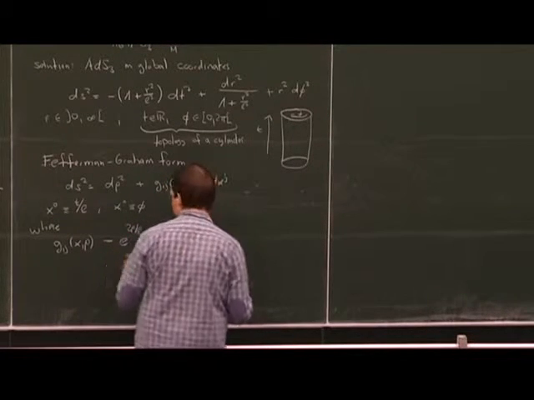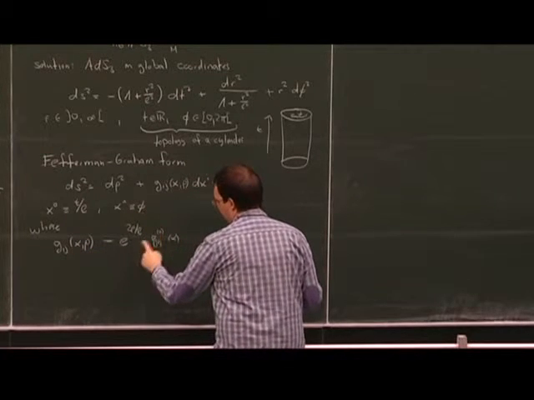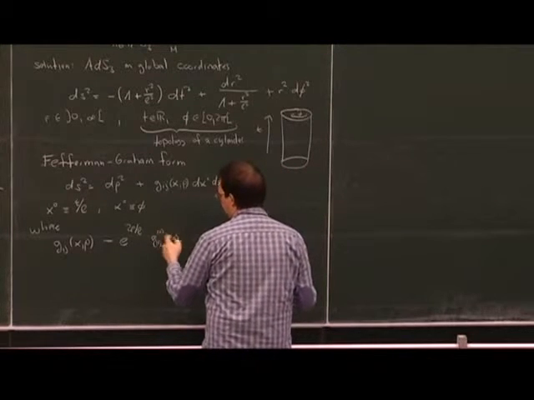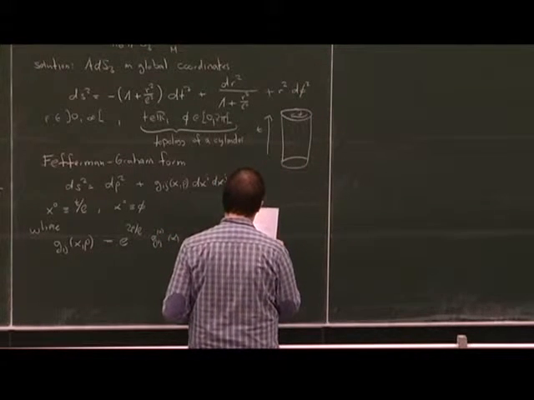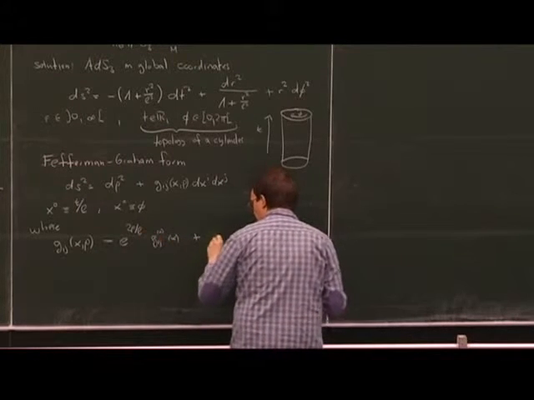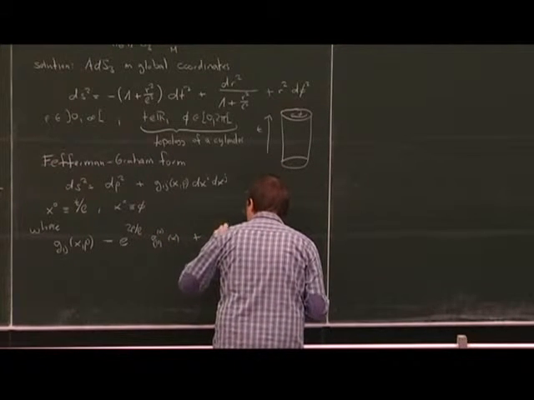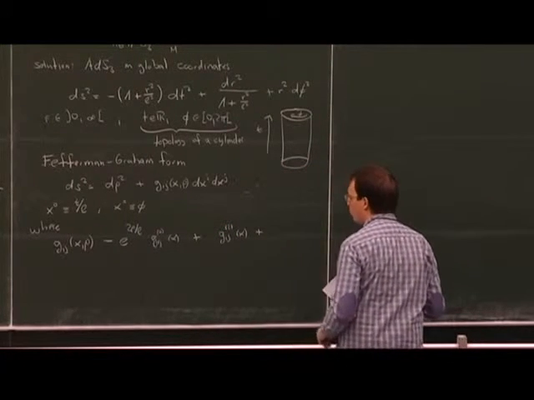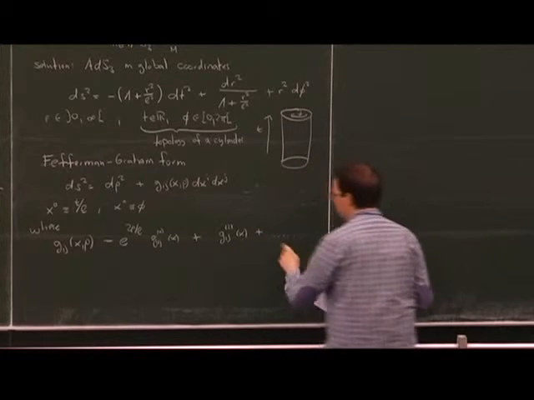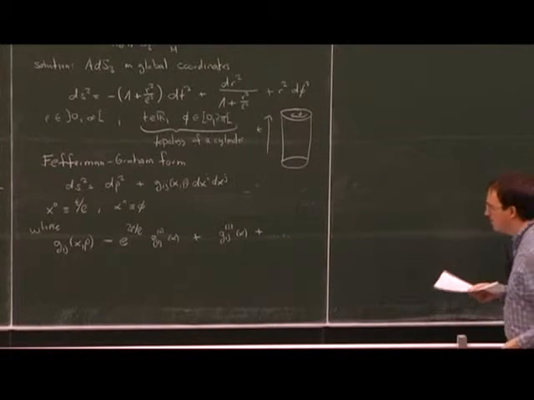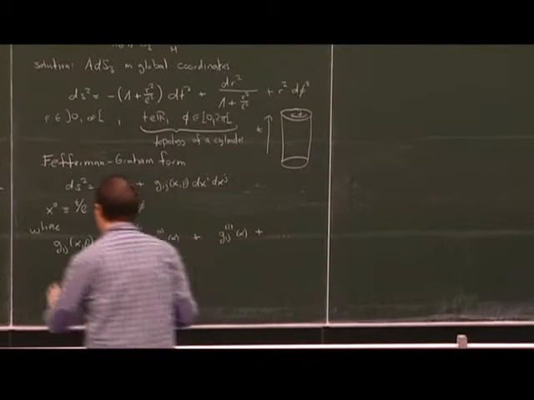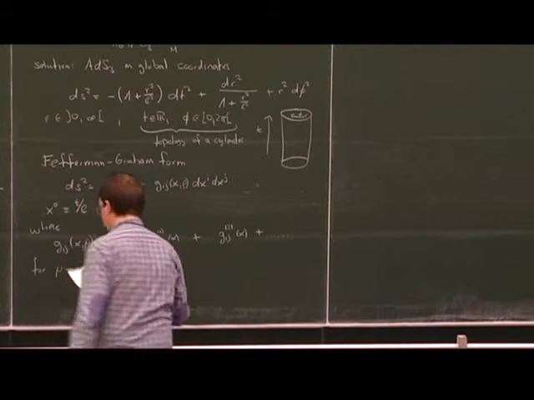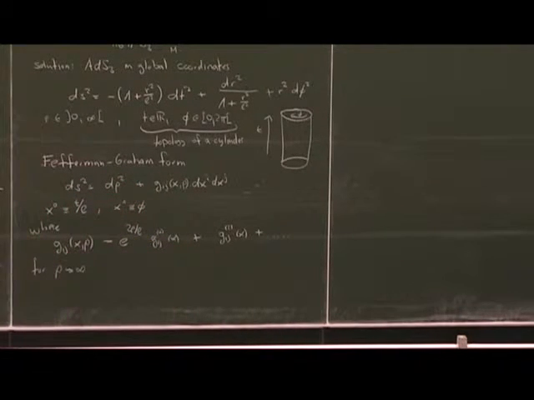So I already split off the rho dependence. Then I've got gij0 of x plus subleading terms, which are constant in rho, for example. This is what I call gij2 of x, plus terms which go like e to the minus 2 rho divided by L, for example. But this expansion is only true generically for rho going to infinity.